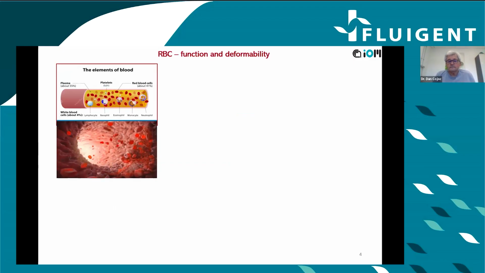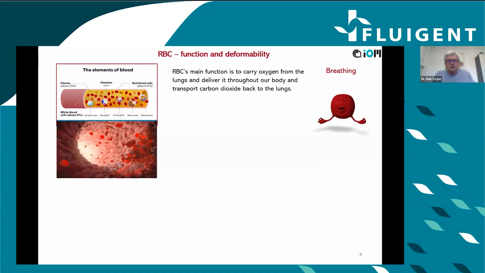So just a few words about the red blood cells. They make up 41% of the blood. The plasma is 55%, and the other components like platelets and white blood cells are at a low percentage. Probably all of you know that the main function of the red blood cell is to carry oxygen from the lungs and deliver it throughout our body, and transport carbon dioxide back to the lungs.